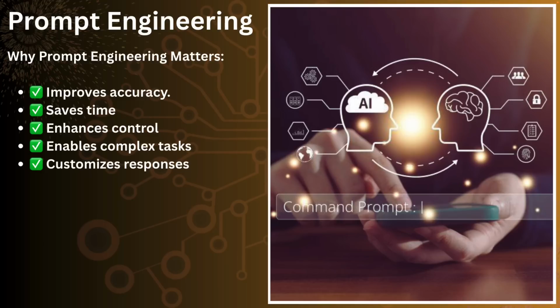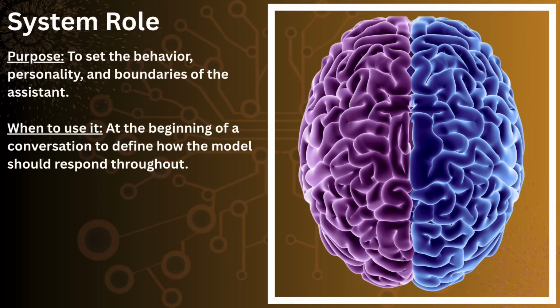Now, let's go back and focus a little on prompting, and combine it with Spring. Here we talk mainly about 4 types of prompts, or 4 roles for prompting. The first one is the system role. Its purpose is to set the behavior, personality, and boundaries of the assistant.